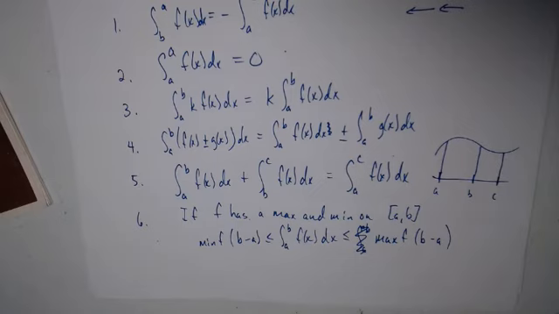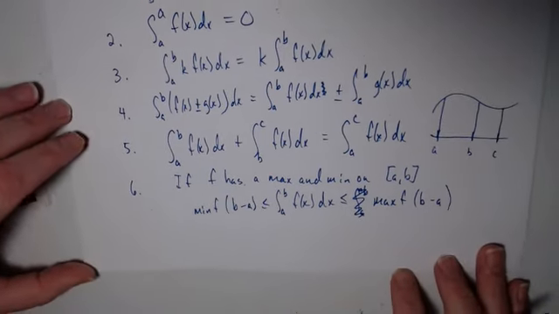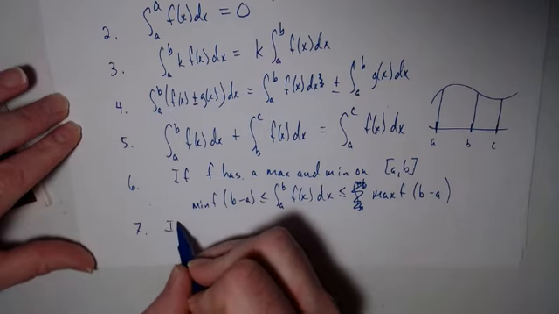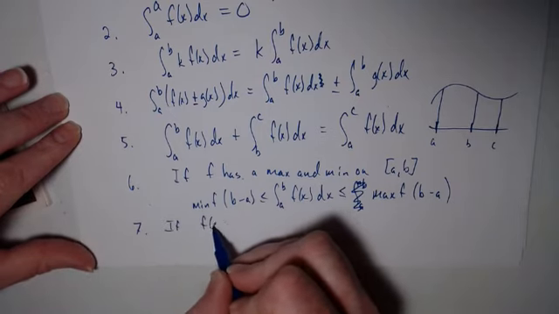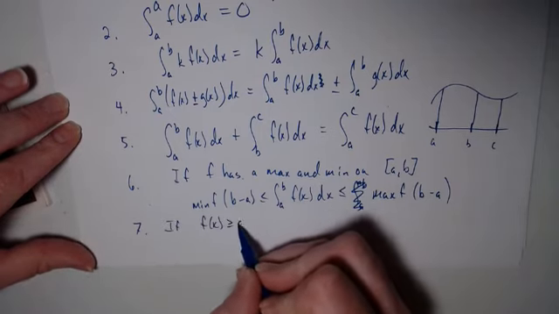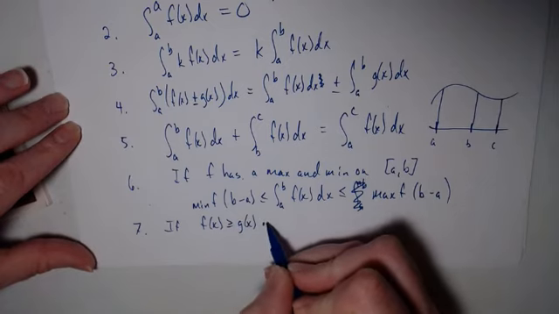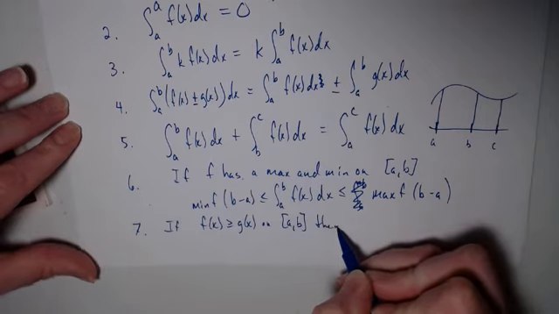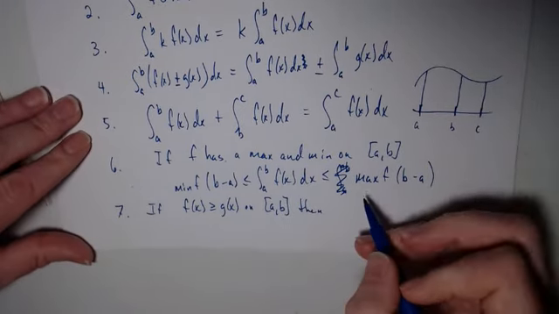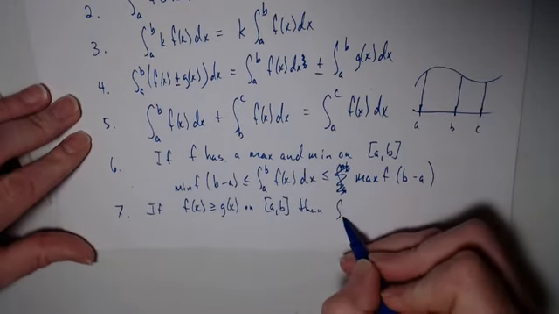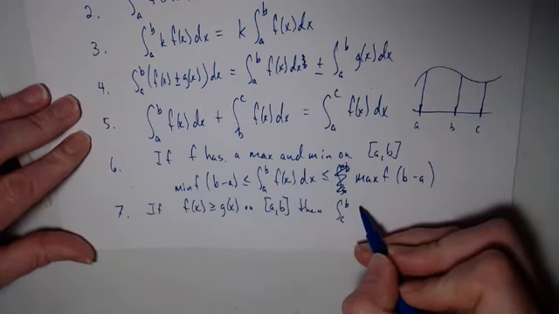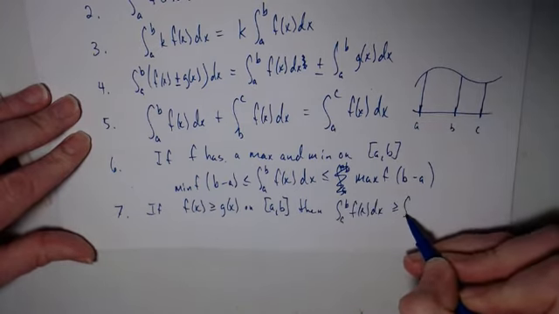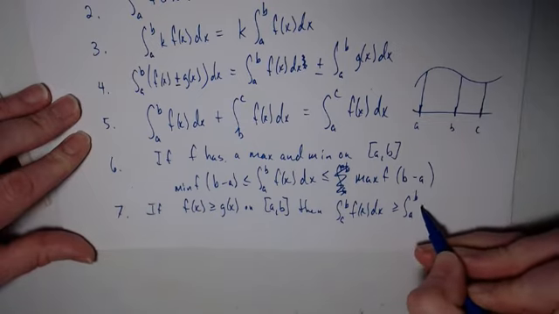And there's one more property, which is really related to this one. If f of x is greater than or equal to g of x on AB, then the integral over AB of f of x will be greater than the integral over AB of g of x.